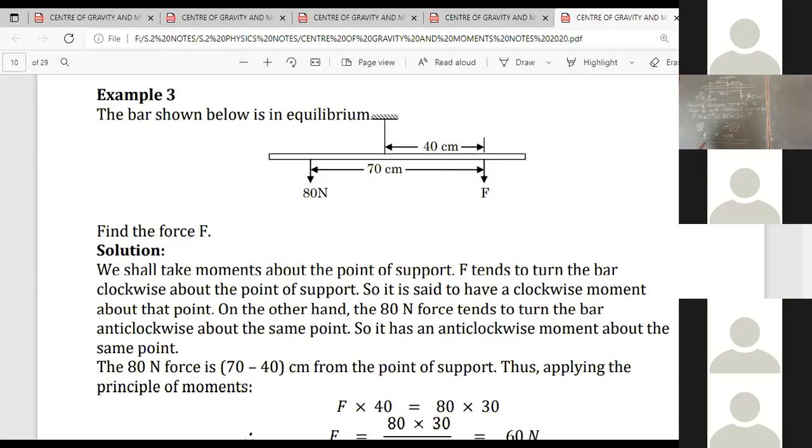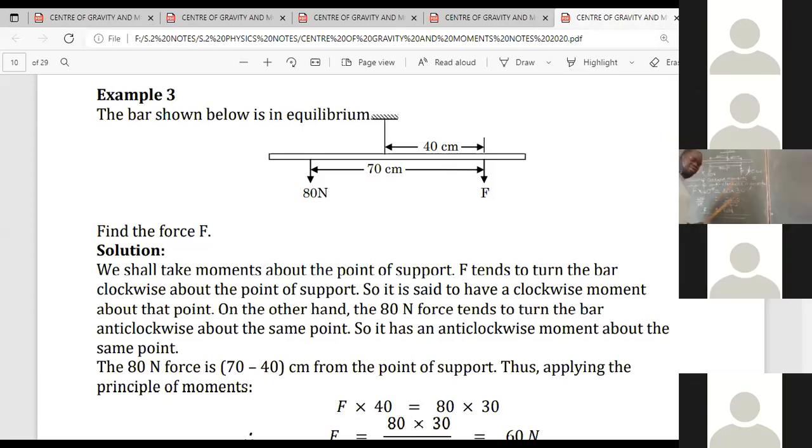And here we are dealing with forces. A moment is force times distance, so we deal with forces. When they bring in masses, that's why Mr. Gonza converted the kilograms to newtons in the previous question, because we are dealing with forces.